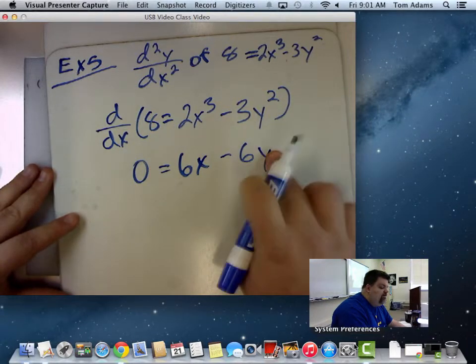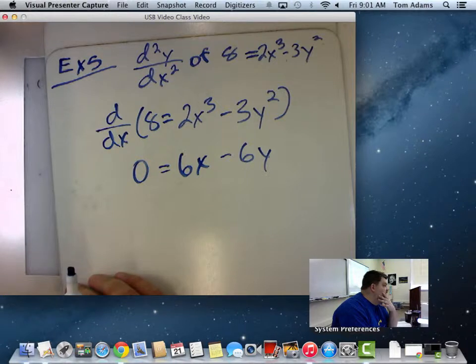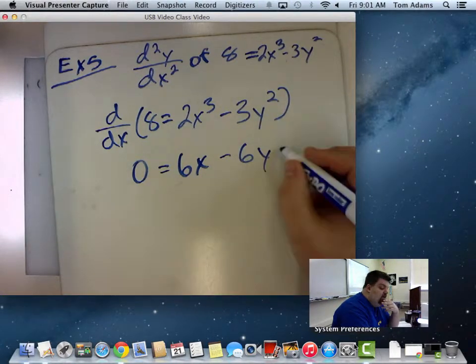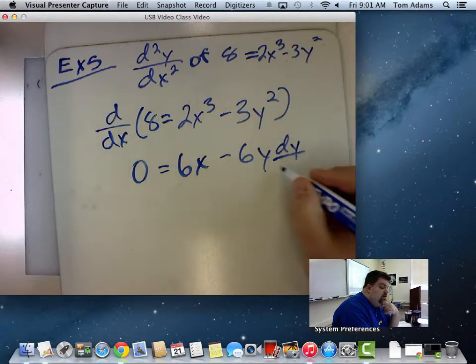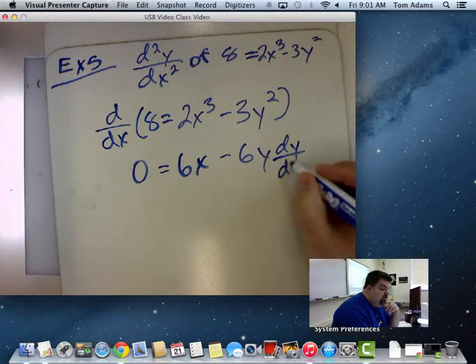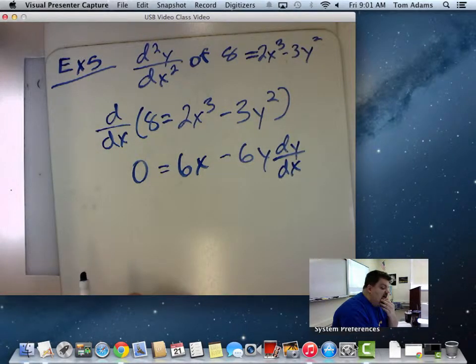Now, whenever we have any term that has anything other than x, we have to write d, whatever that variable is, over dx. So, in other words, I have to tack on that dy/dx.